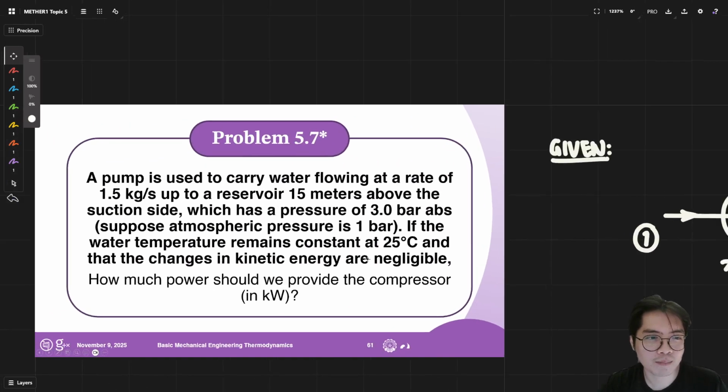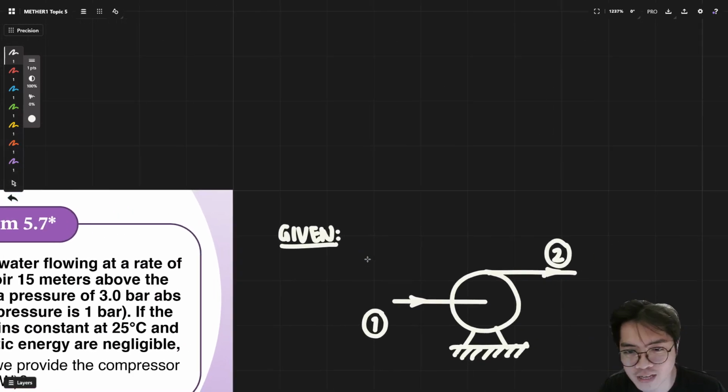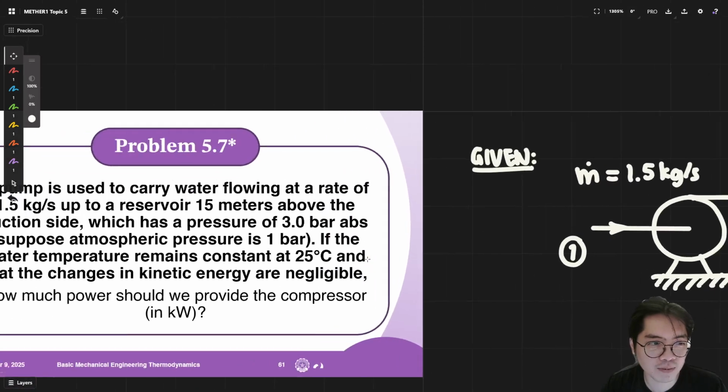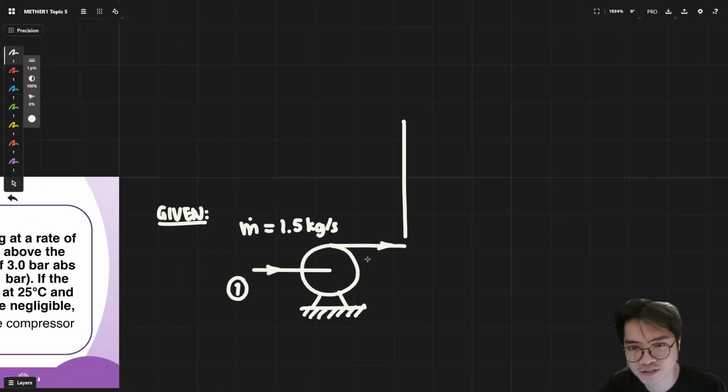So a pump is used to carry water flowing at a rate of 1.5 kilograms per second to a reservoir 15 meters above the suction side. I totally forgot about the 15 meters, so let's have this line right here, and there you go. That is your state 2.